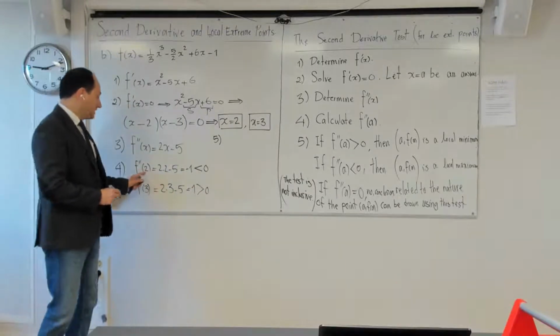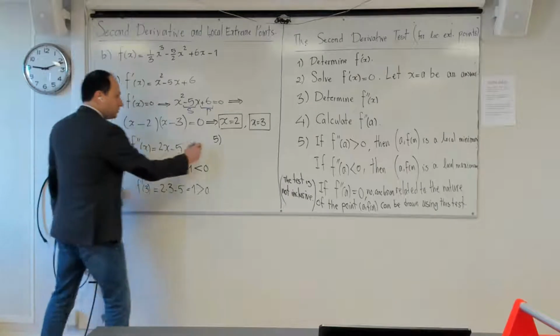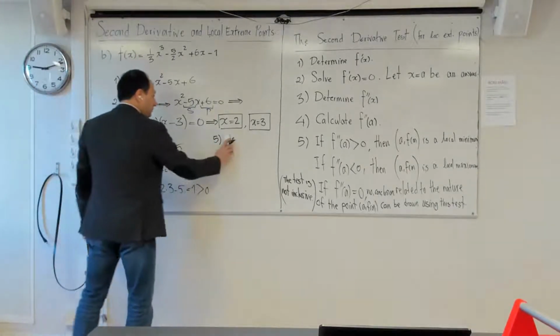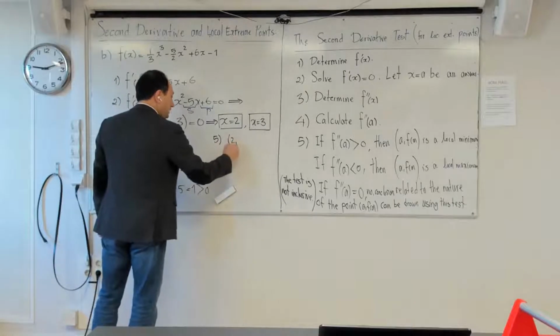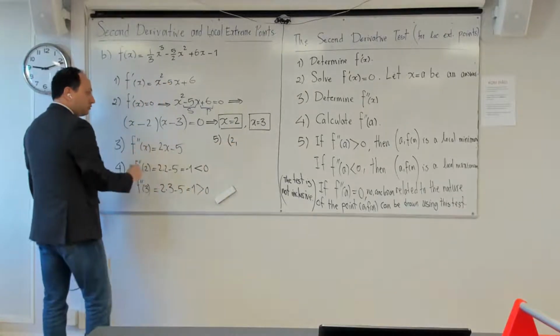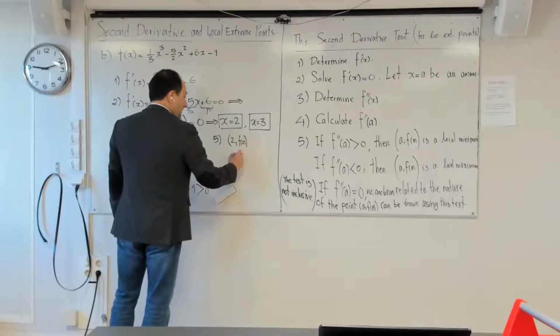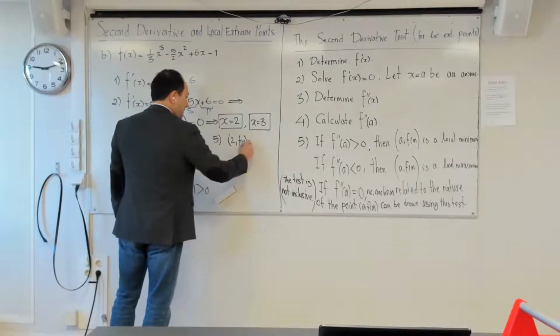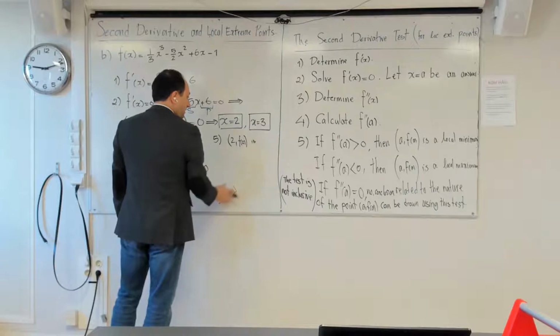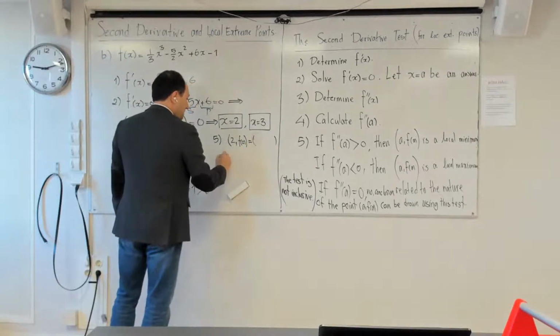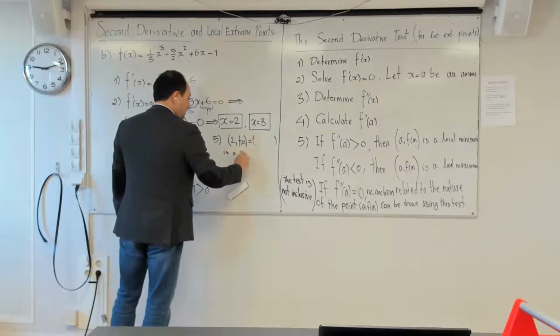So here, I would say x equal to 2, the point. So let me just write it simple. 2 and f of 2, I will write the answer in front, is a local minimum.